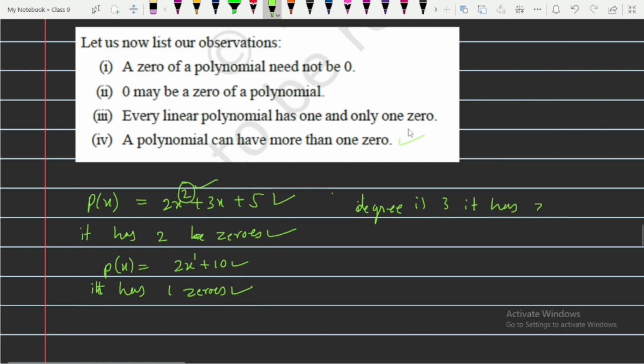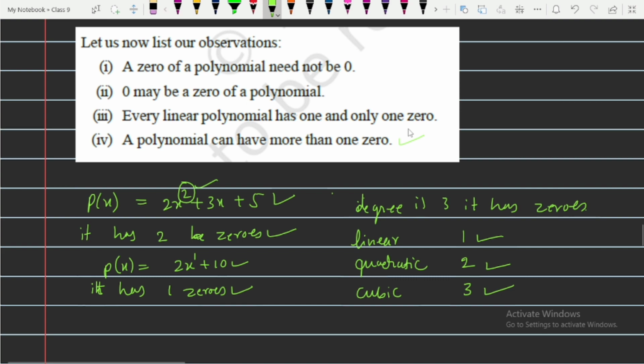So a linear polynomial has 1 zero. A quadratic polynomial, because its degree is 2, has 2 zeros. A cubic polynomial has 3 zeros. Linear polynomial has maximum 1 zero, quadratic polynomial maximum 2 zeros, cubic polynomial maximum 3 zeros.